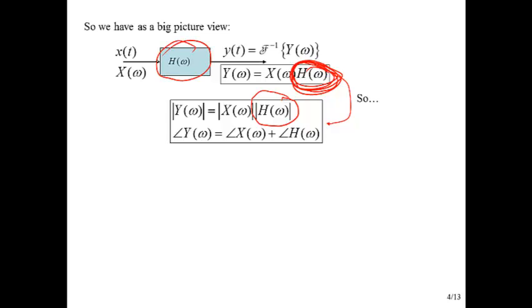We put it inside this box to say it represents the characteristics of that system. So looking at the magnitude tells us how it changes the amplitudes of the input components to create the amplitudes of the output components. That's the big thing. Yeah, it does change the phase as well, but we're less interested in that overall, although we will talk about that to some degree.